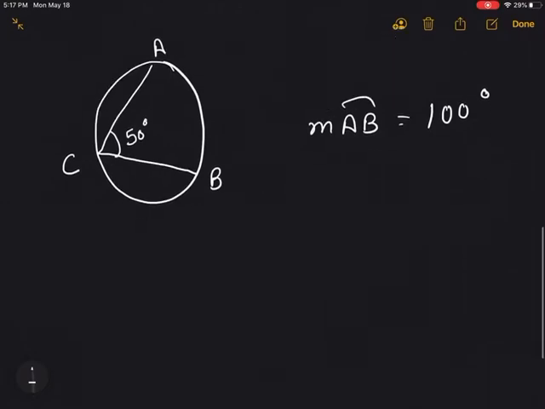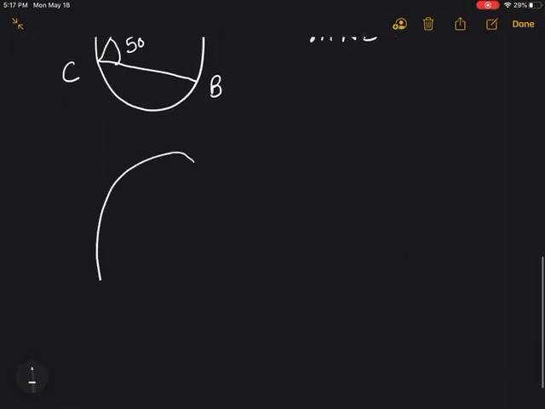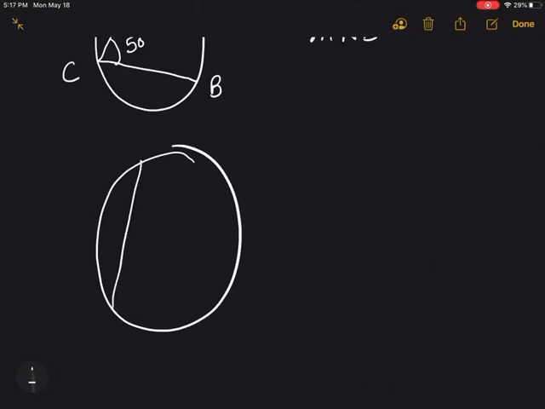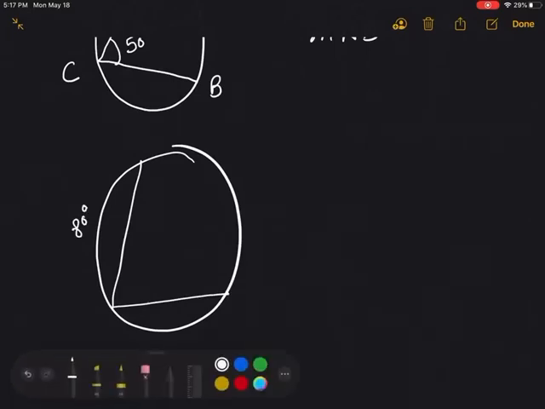I have a few more examples. Let's say I have this circle here. This is my inscribed angle. What I know is this arc from A to B is 80 degrees, and A to C is 40 degrees. How about solving for this angle?